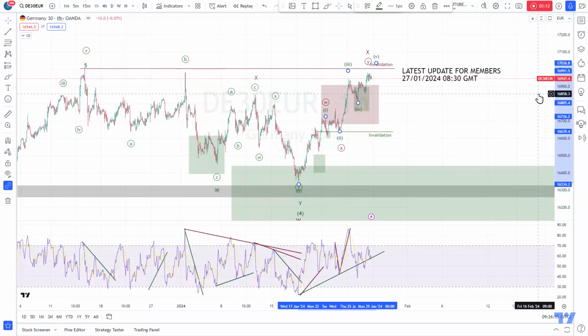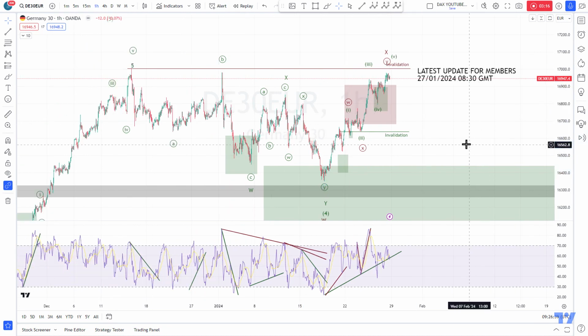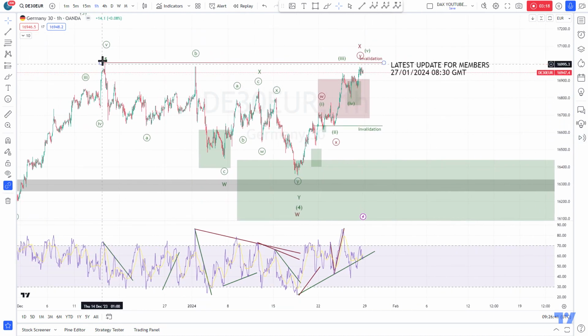Therefore let's go back to the 1 hour. What could happen then is that this WXY structure was only the first corrective leg of a bigger WXY structure as shown in red. And then here we need a wave X. This wave X could be playing out right now as long as we stay below the all-time high.